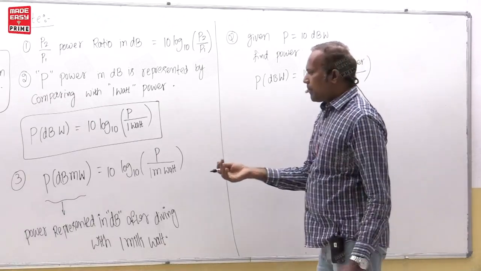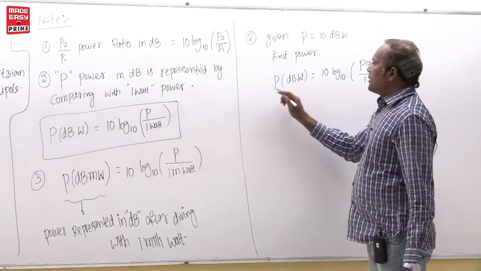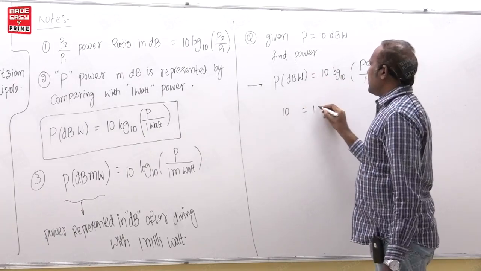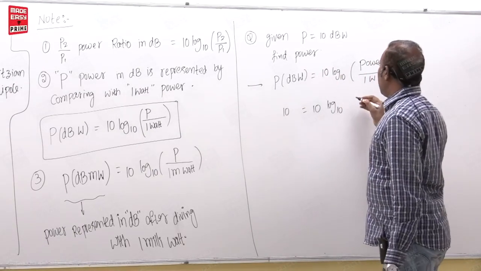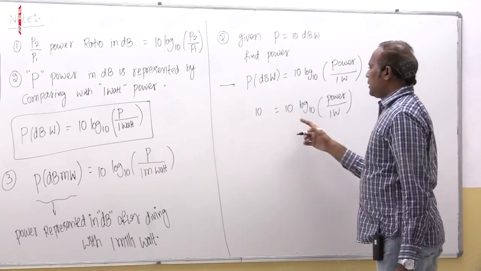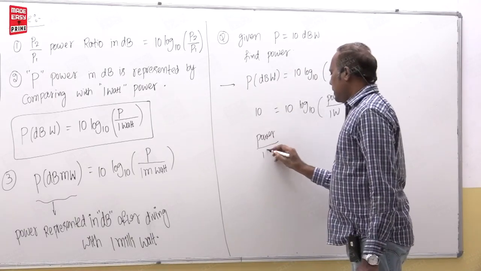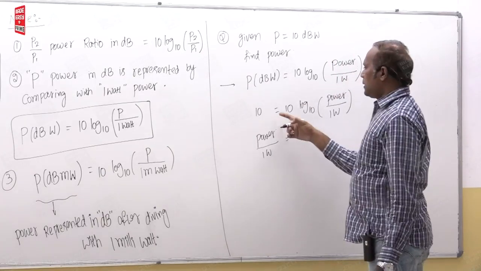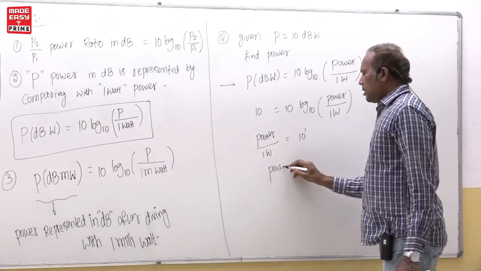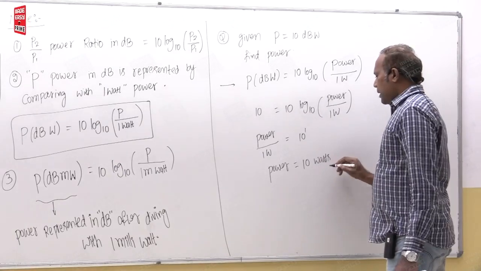I wrote this side as power so that you will not be confused. Now it is given as 10, so 10 equals 10 log 10 of power divided by 1 watt. 10 cancels, then power divided by 1 watt is equal to 10 power 1. That means given power is actually 10 power 1, meaning 10 watts power is there.